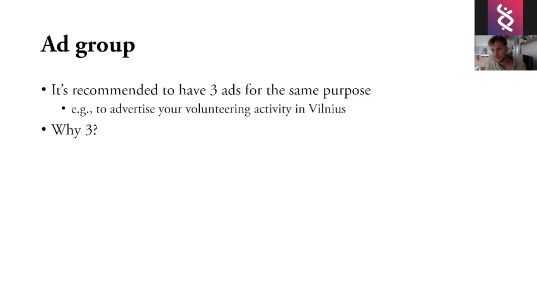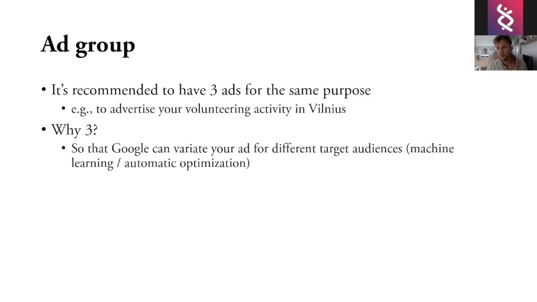The reasons are several, though. First of all, Google has amazing machine learning algorithms. And if you have more than 1 ad, over time, it will learn which ad works best for a specific target group.